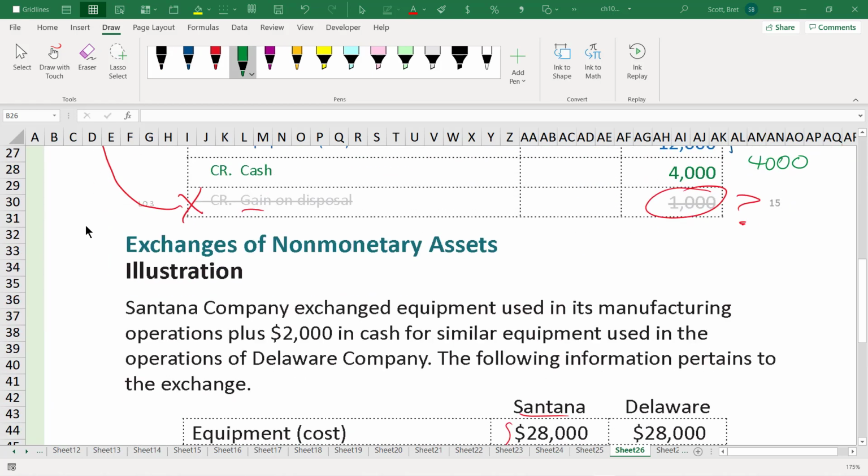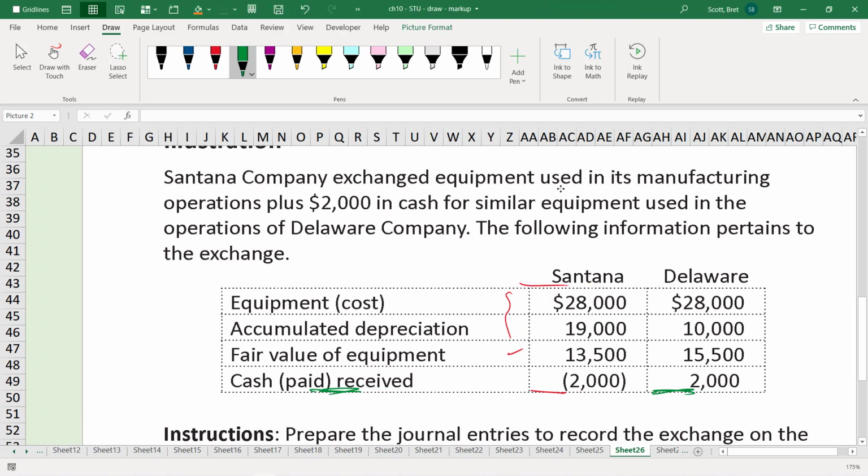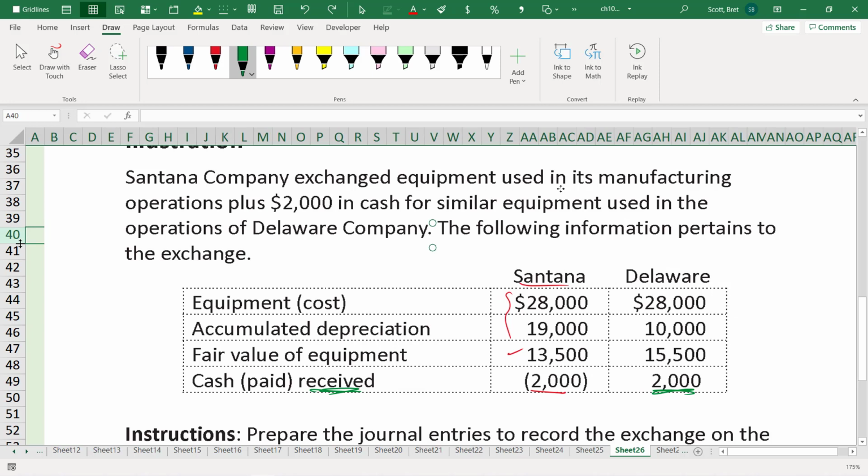All right, so let's look at some other example here. Santana Company exchanged equipment used in its manufacturing operations, plus it also gave $2,000 in cash for similar equipment used in the operations of Delaware Company. So in this case, it's used equipment for used equipment. The following information pertains to the exchange.